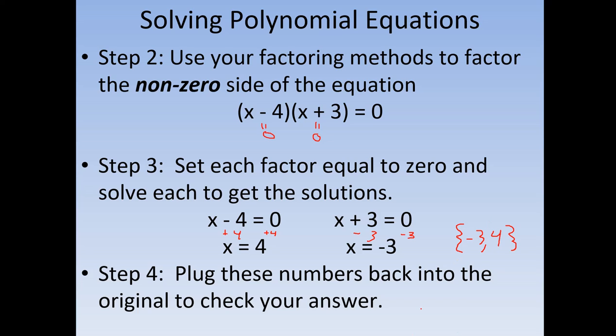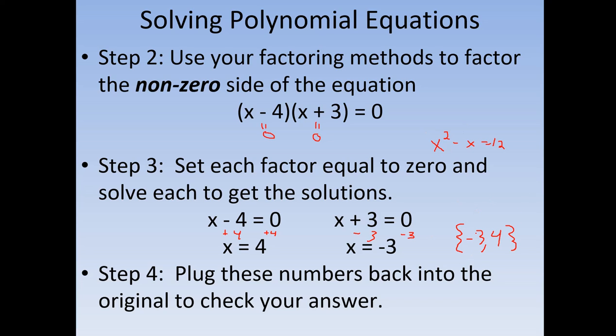All right, now, one good step to do at the very end, once you get your solutions, is to double back, plug those numbers back into the original equation, and see if it actually holds true. So if you plugged in negative 3 or 4 into the original equation, which I believe was x squared minus x equals 12, you should end up still getting the same number.